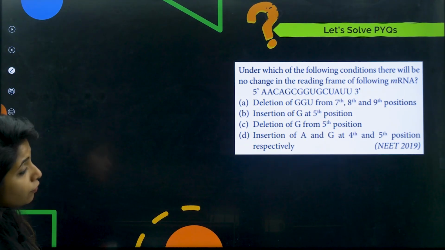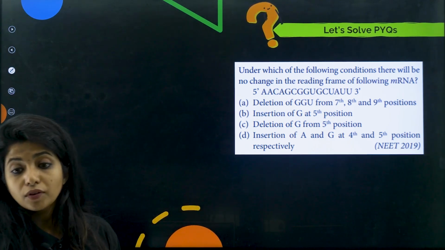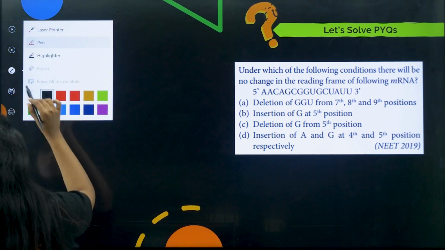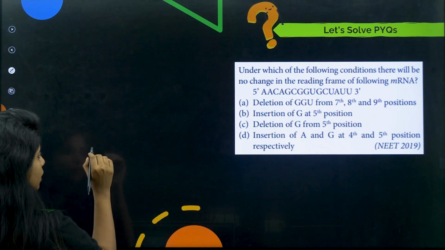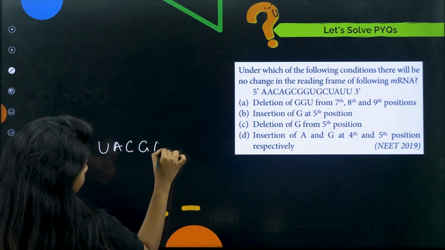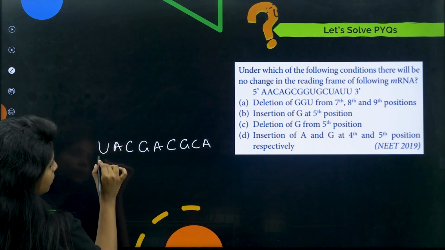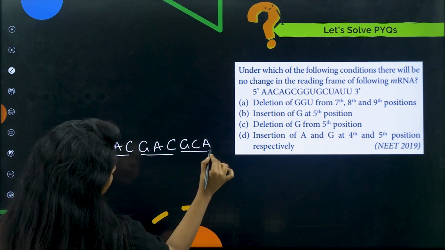Now, under which of the following conditions will there be no change in the reading frame of the following mRNA? With this I want to tell you one more thing. Listen to me carefully again. This is a codon, this is a codon, this is a codon.